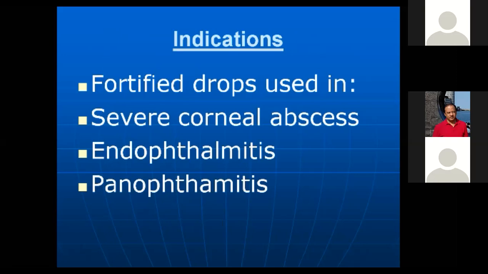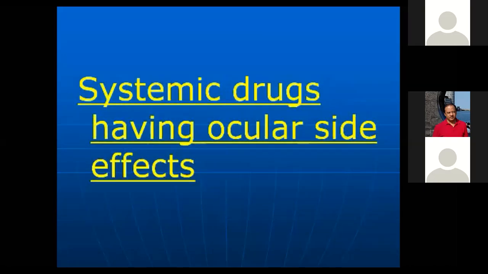Now next comes the drugs, systemic drugs, which have ocular side effects. These drugs are given for some other conditions, but they have effects on eye. The best example is chloroquine.